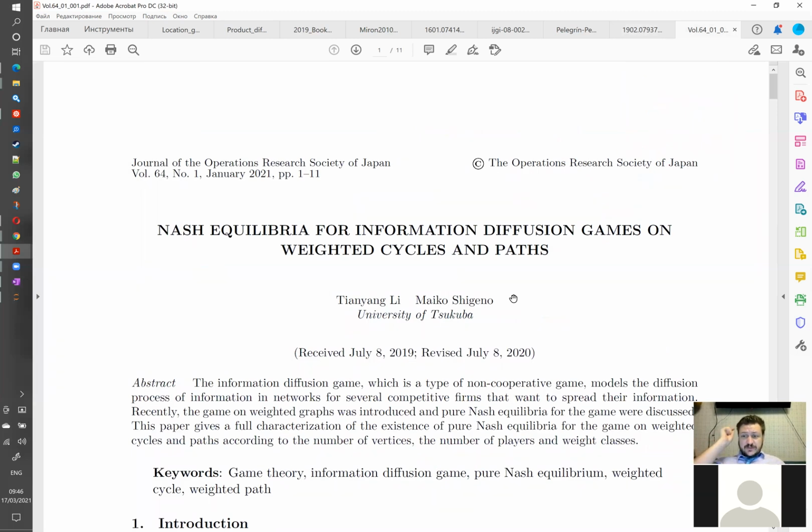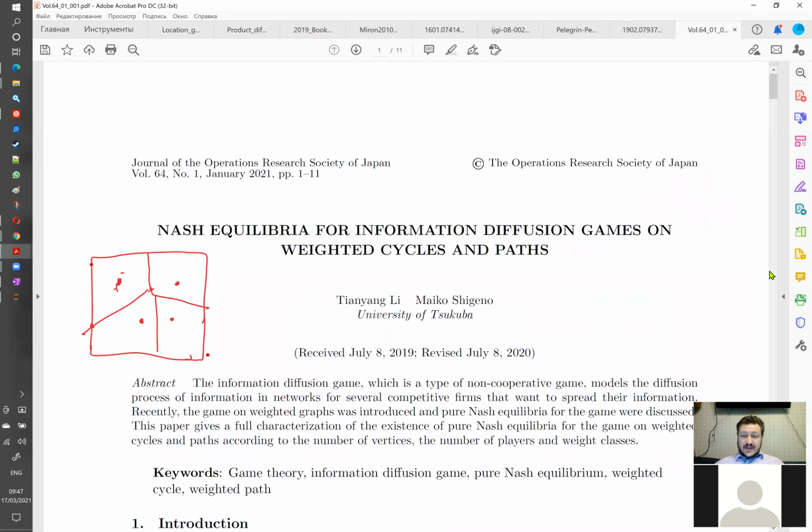So there is a connection between location games and information diffusion games. If we think about this as a graph or plane, and we talk about placing 2 or 3 or maybe 4 players, they place their shops here, and we can divide all customers between them by one diagram.